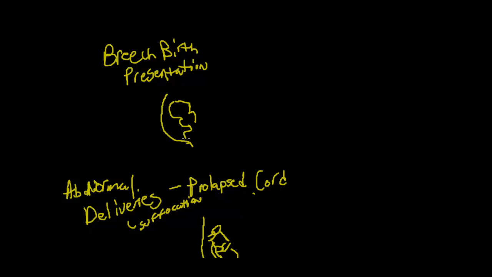And what may happen is its bottom, so these are its legs folded here, its bottom may be presenting first, or even extremities, maybe the legs. But again, the danger here is suffocation.